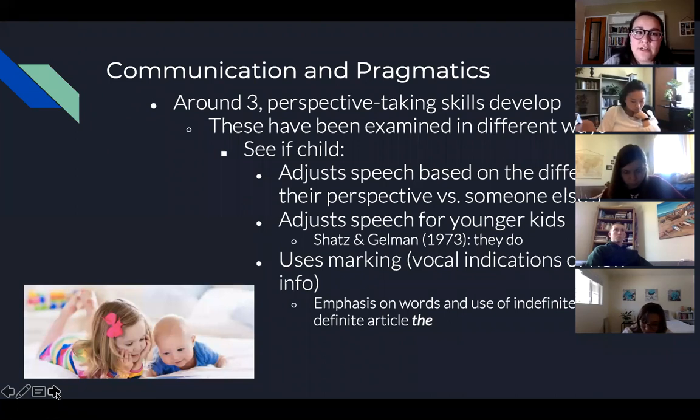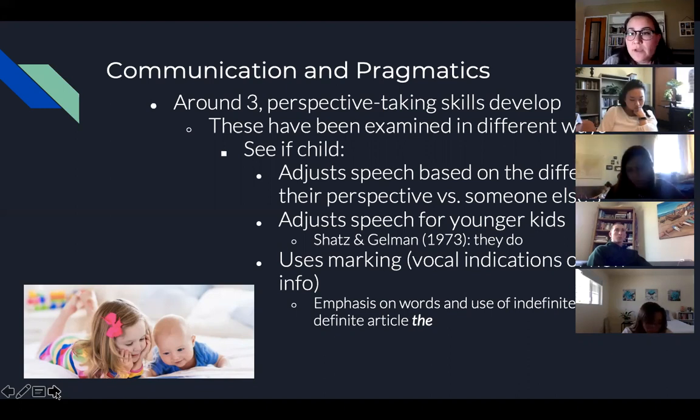Young kids usually do this by stressing it. So a young child might say, "my DOGGY" or "MY doggy," depending on what is new information or what's been going on in the context of the conversation.